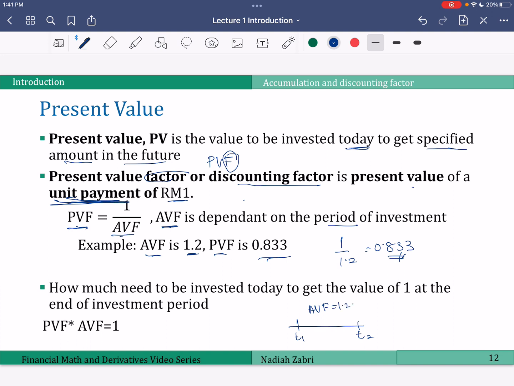Then to get RM1 at time T2, we need to invest 0.833 at time 1. So that's what it means. How much is needed to be invested today to get the value of 1 at the end of the investment period?